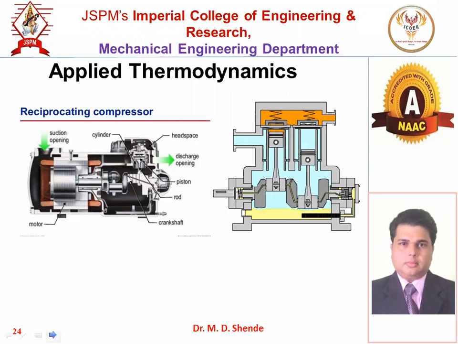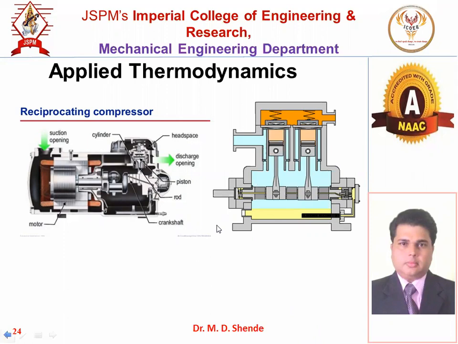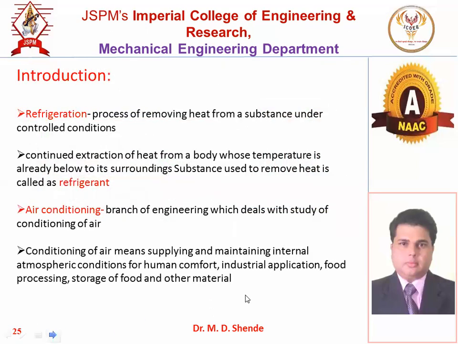Okay, now we have seen all the introduction, everything we are going to study in detail. So this is just the introduction of your course, that is applied thermodynamics. Now we will start with our first unit. What is the first unit? Refrigeration and psychrometry.